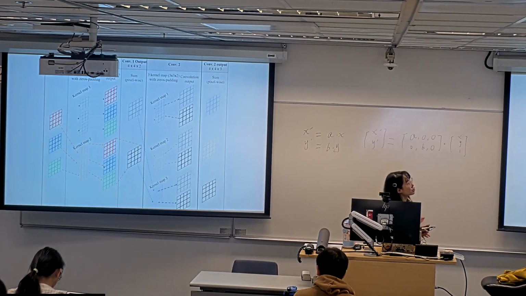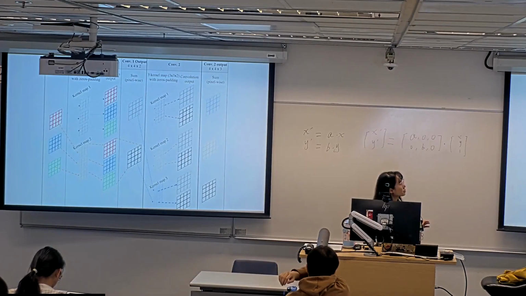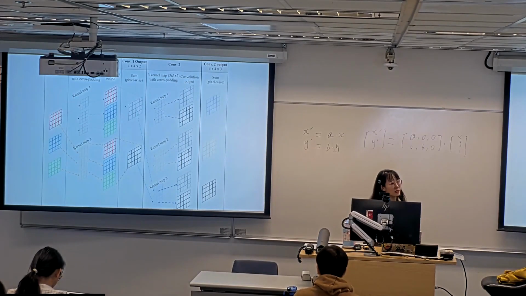But note that the true output of this convolution layer is not the split channels. For each kernel map, after convolution, we will do the pixel-wise sum. So that means we will add the 3 channels together to get one output image.